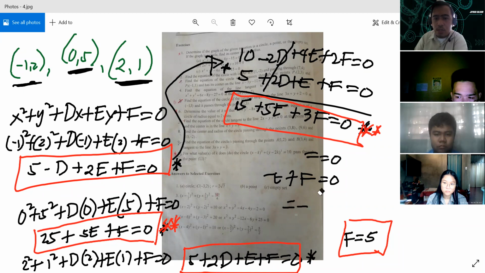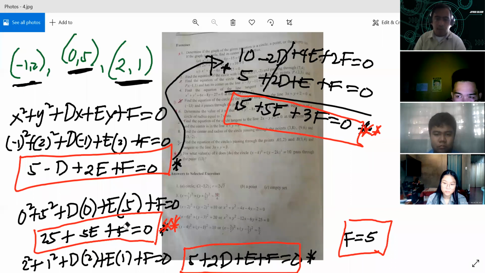So you can substitute that in either of this equation or this equation. So you can select either of the two.